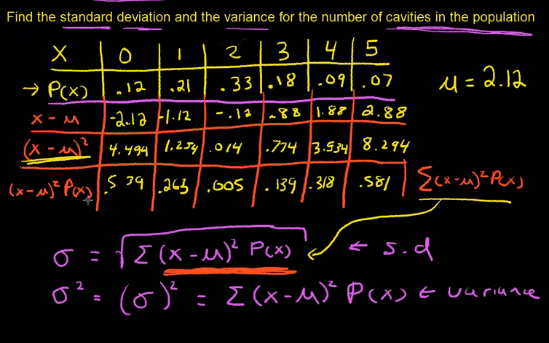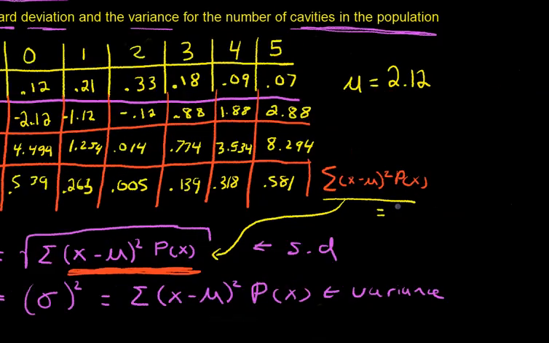Okay, if we sum up this last row, we take 0.539 plus 0.263 plus 0.005, and so on, what we get is a sum of 1.85.